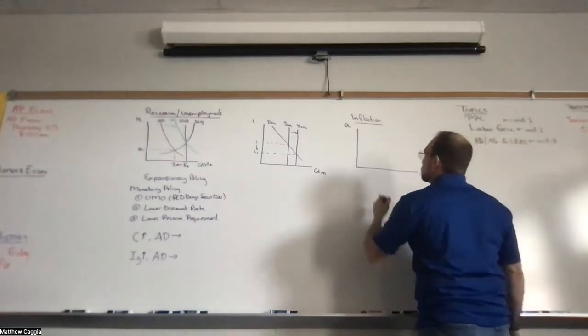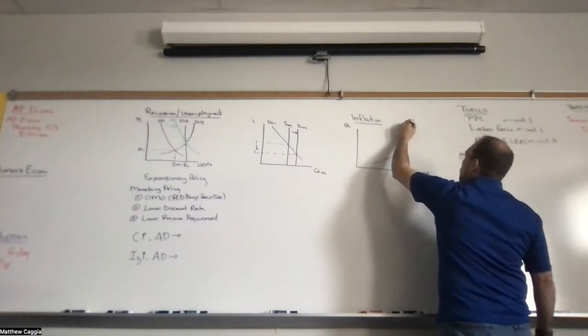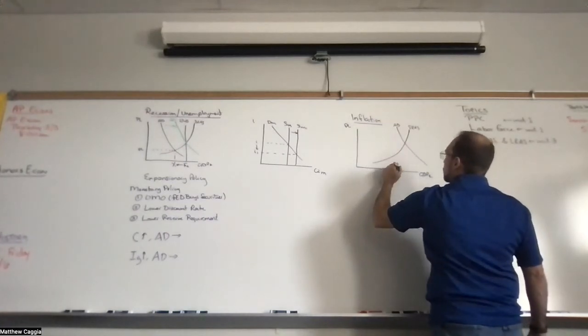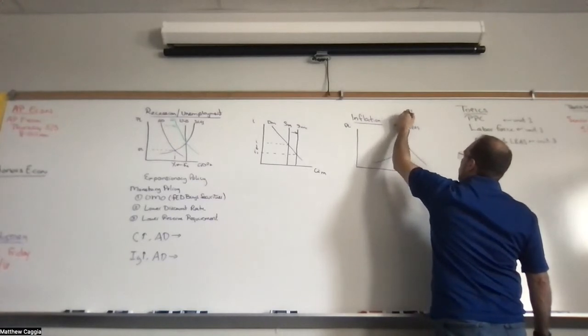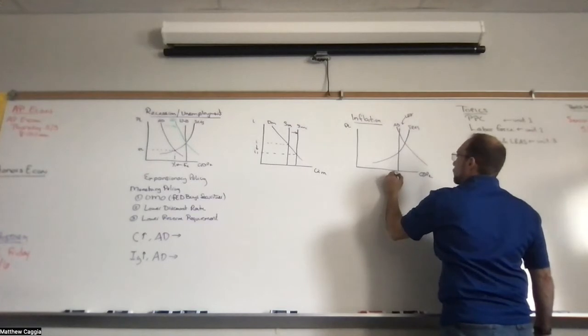Okay. And so here is short-run aggregate supply. Here is aggregate demand. And here, oops, can't fit it in. Long-run aggregate supply is in there. Okay. Here's full employment.